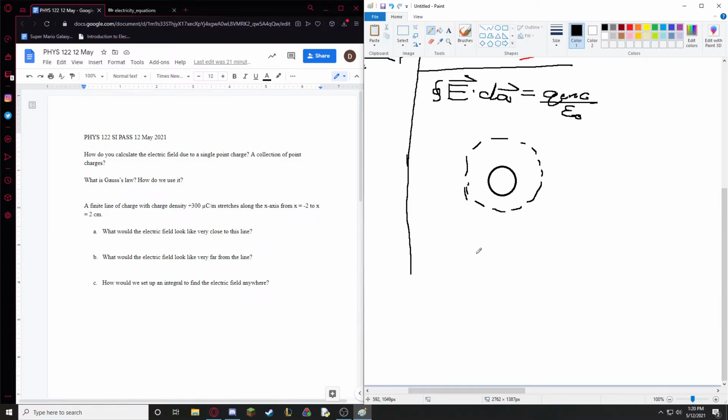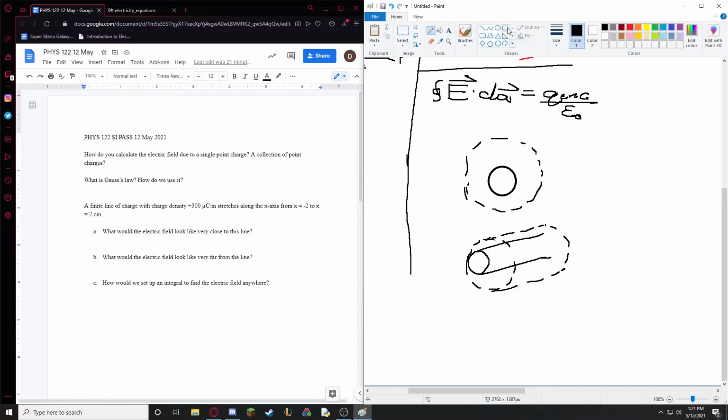Bear with me with the 2D drawing of a 3D object. What is our Gaussian surface for a cylinder going to look like? It can be a cylinder. Exactly. It's going to be another bigger cylinder that's going to surround it.